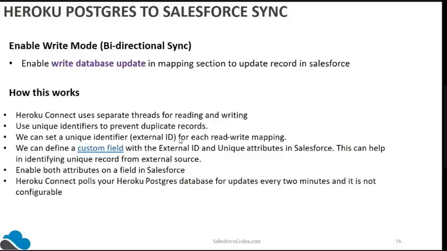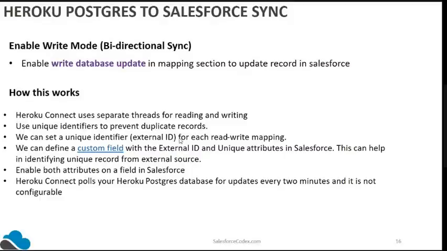Now, how to create a unique record? By default, ID is there, but instead of ID, we have to create another custom field. So what we can do is create a custom field with an external ID and unique attribute in the Salesforce system.